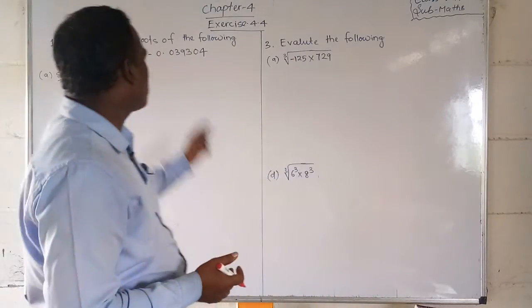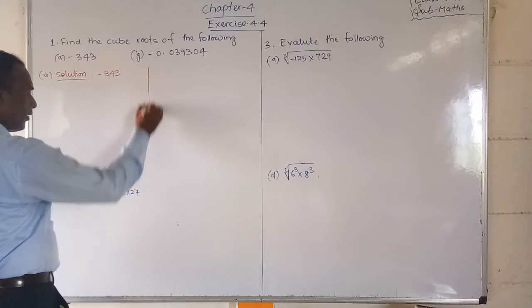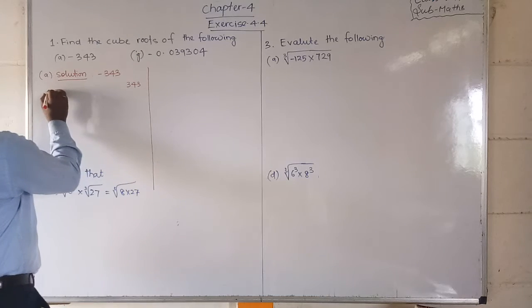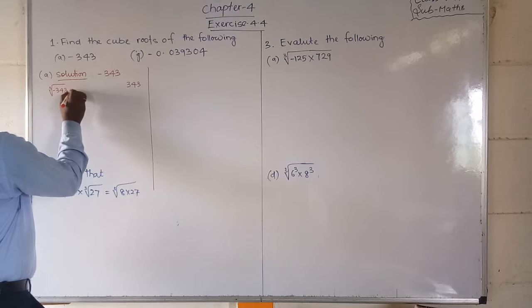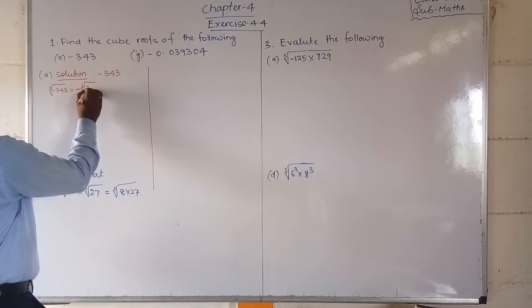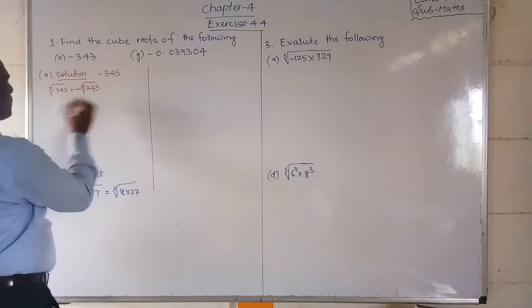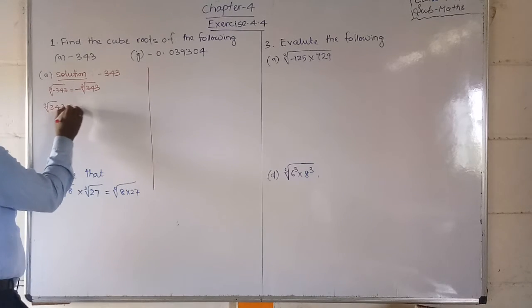First of all, I will make two parts here. The cube root of minus 343 is equal to minus, taking the minus sign out first, the cube root of 343. Then you should do the prime factorization of 343.